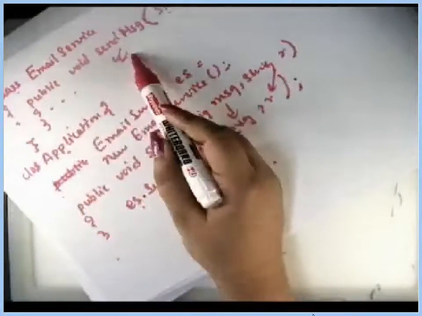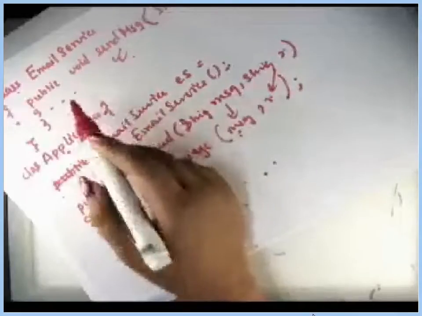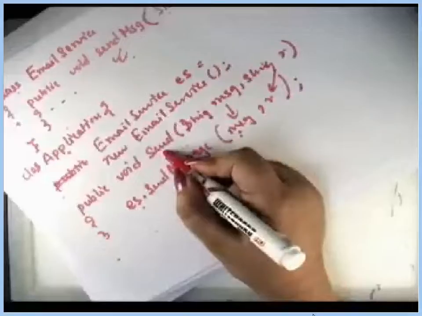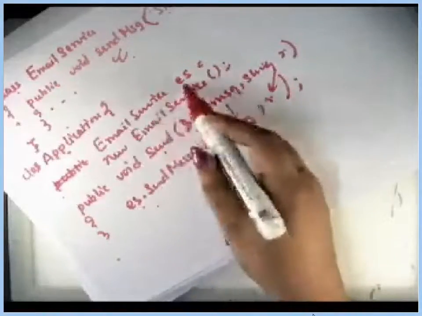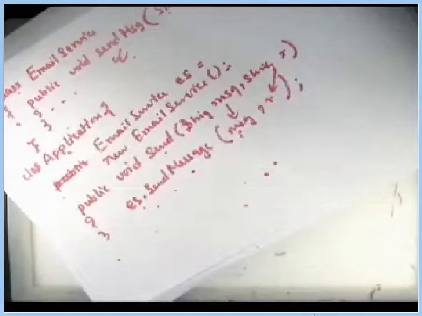So class EmailService has its own method called sendMessage. Another class is creating an object of the EmailService, and it has a method called send, calling the email service's message sending system to send the message to the respective recipient.